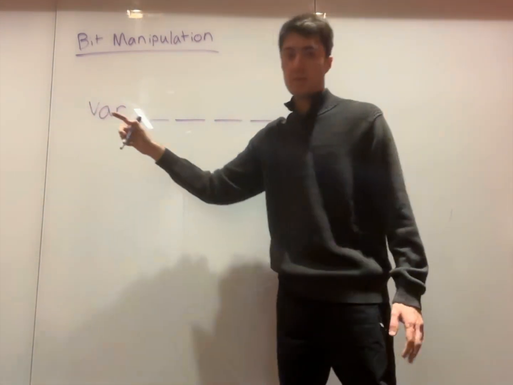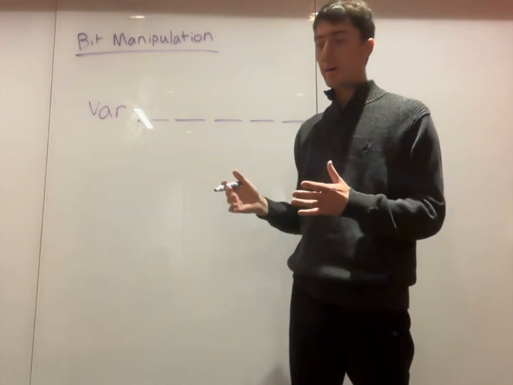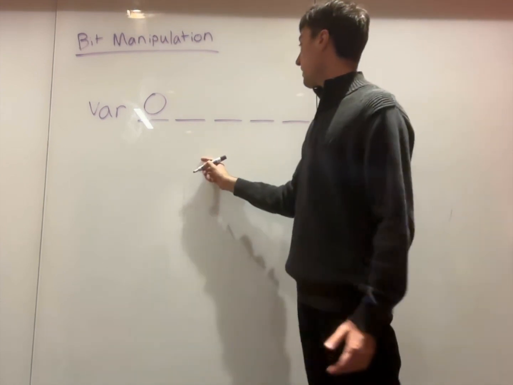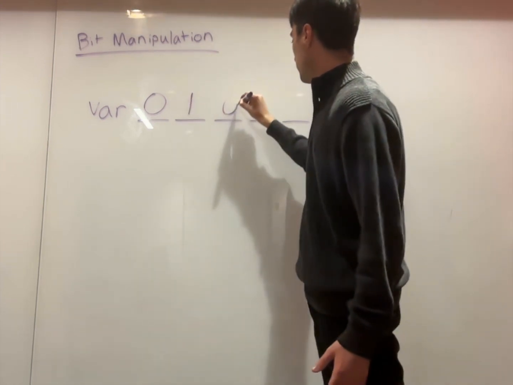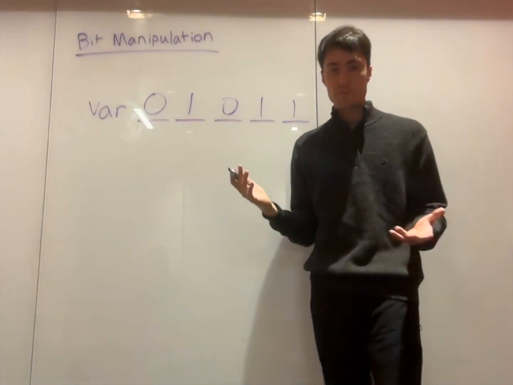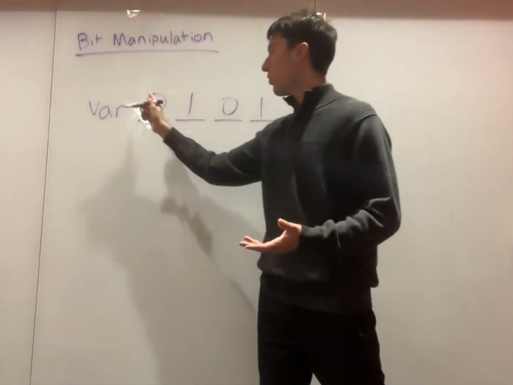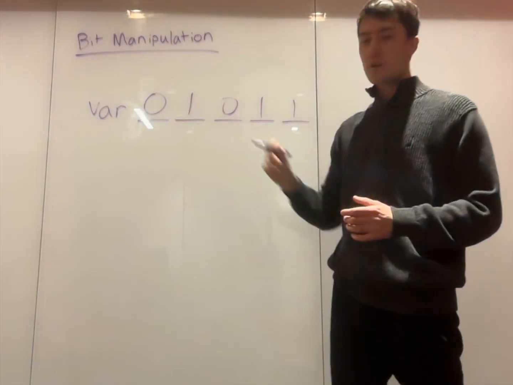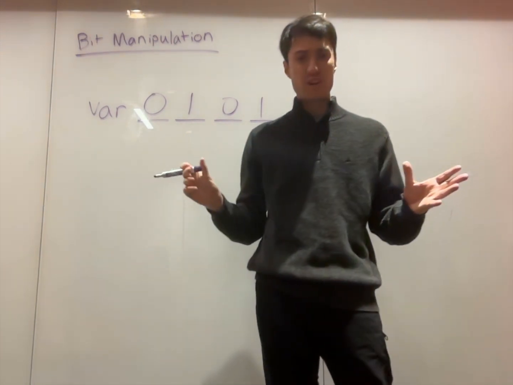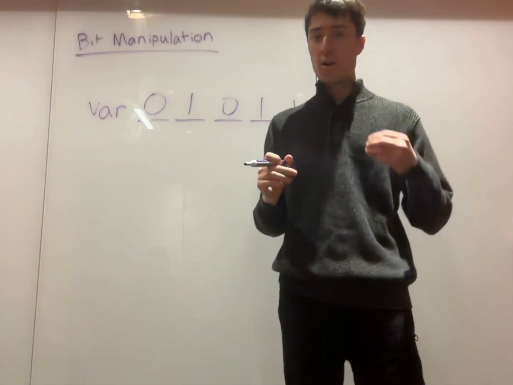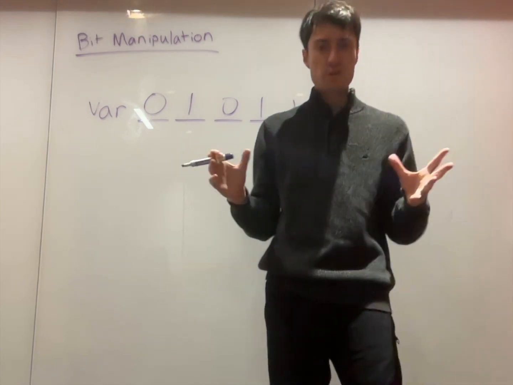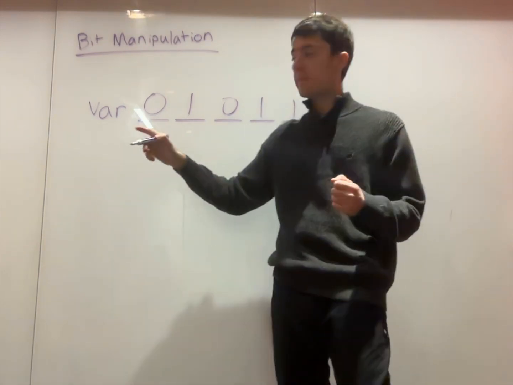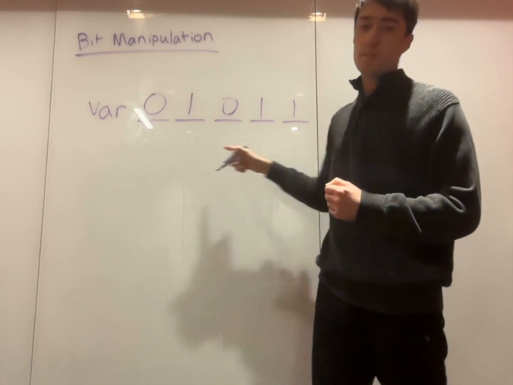Depending on the number, for this one it's going to be 0, 1, 0, 1, 1. This is just our variable, and all the rest are just 0 ahead of it. This variable can represent anything: a string, a char, an int, a float. All of these are represented by binary values.